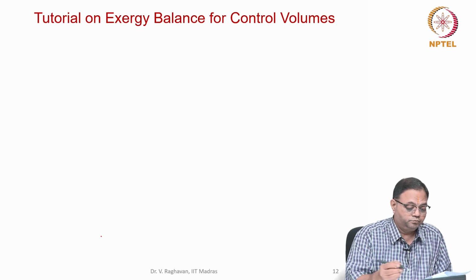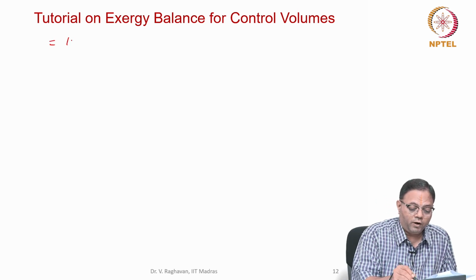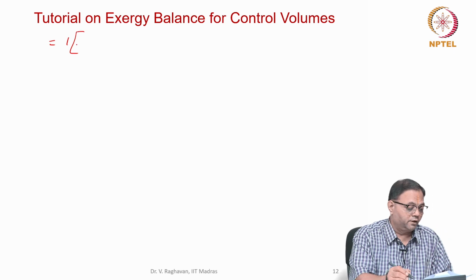Continuing, we get mass flow rate is given as 1 kg per second.